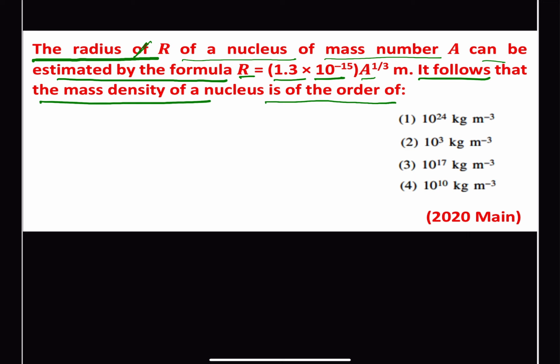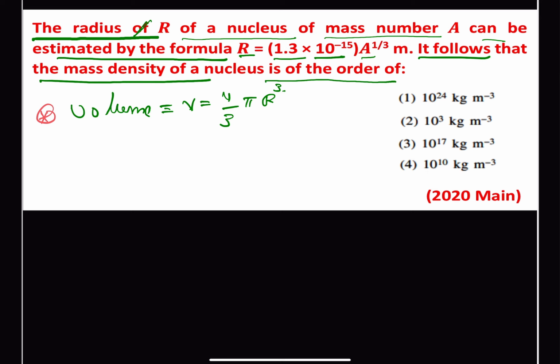First of all, we are going to find out the volume. So volume, if we represent it as V, will be equal to 4 by 3 pi r cube, where r is the radius which is given to us.